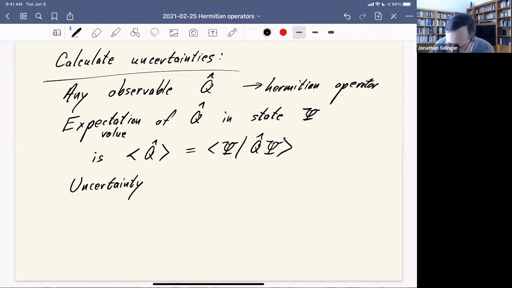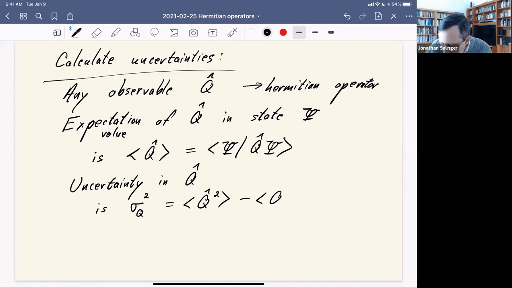The uncertainty in Q is given by sigma Q squared. So that's the average of Q squared minus the average of Q quantity squared.